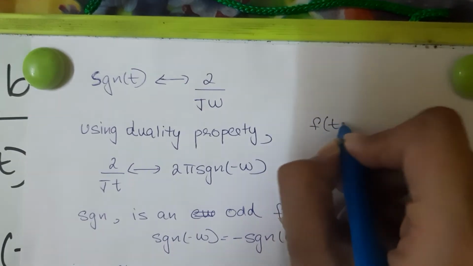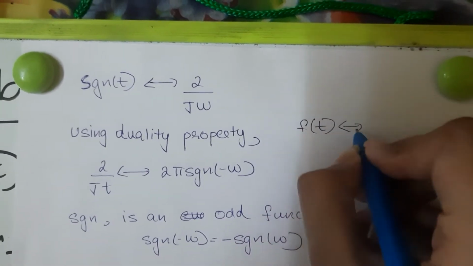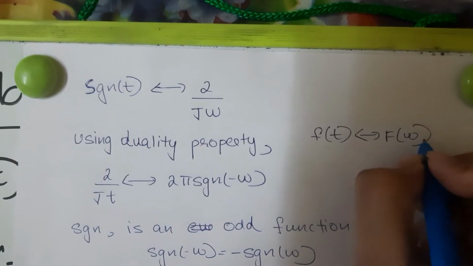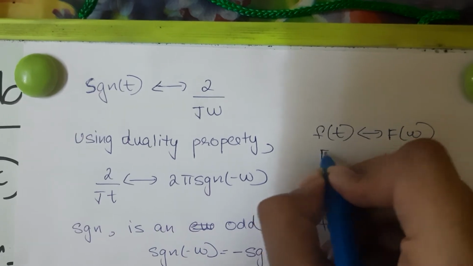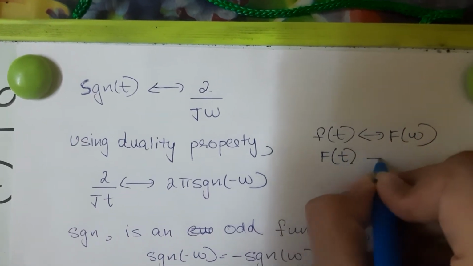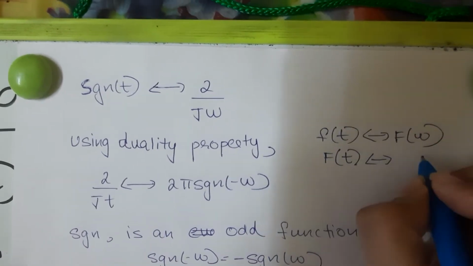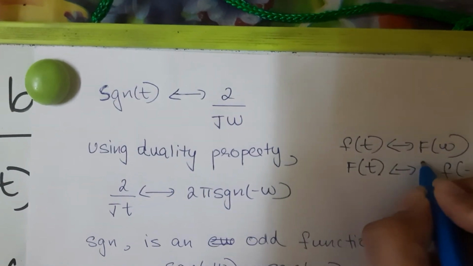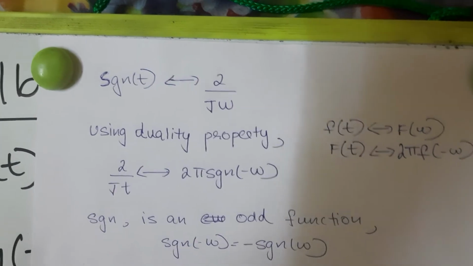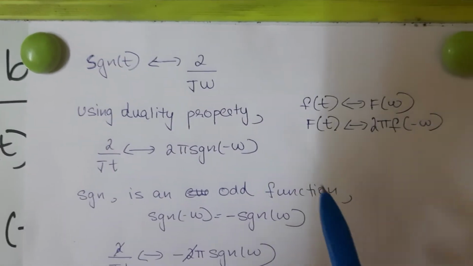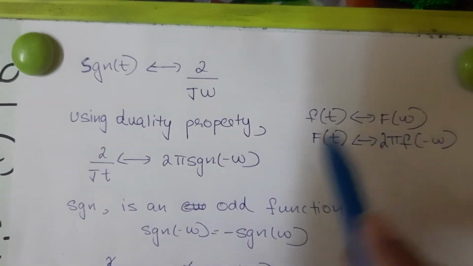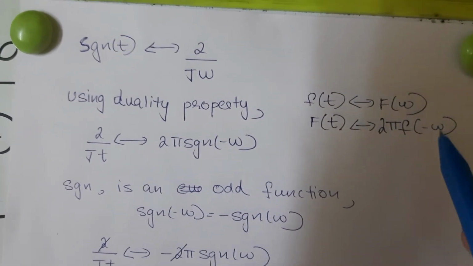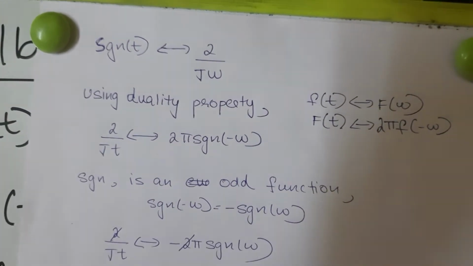Suppose I have a function f of t whose Fourier transform is f of omega. Now, in order to find Fourier transform of f of t, I will replace this by f of minus omega multiplied by 2 pi. Basically, Fourier transform of capital F of t is equal to 2 pi small f of minus omega.